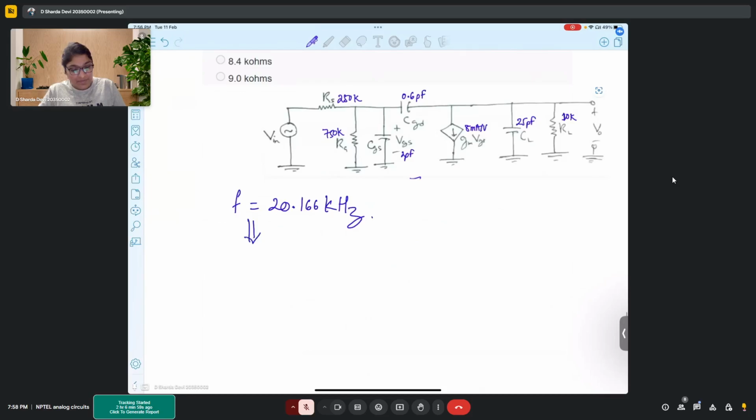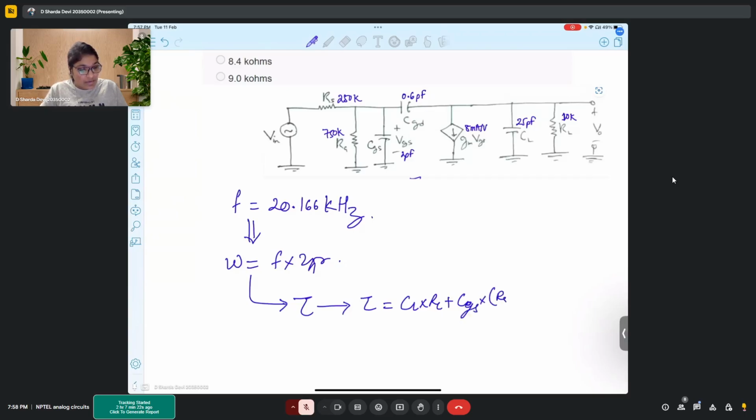From F you will first find omega, which is F into 2 pi. And this will give you tau. Then we will substitute it in the formula, that is tau equal to CL into RL plus CGS into RS parallel RG plus CGD into RGD.